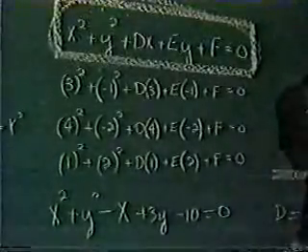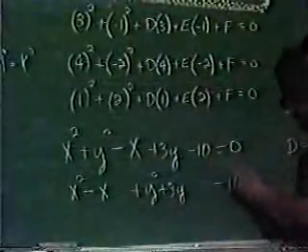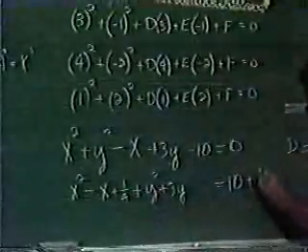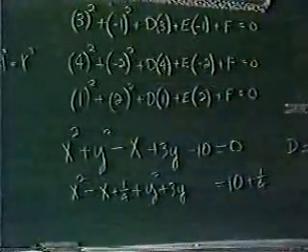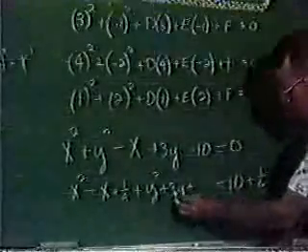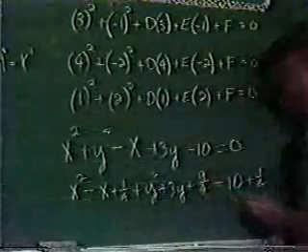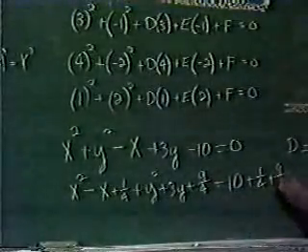Just complete the square. So this would be x squared minus x, leave a space, plus y squared plus 3y, leave a space, equals 10, moving this across to the other side. Now, dividing this by 2, we get 1/2. Squared, that's 1/4, and we have to add that 1/4 to both sides. Dividing this by 2, we get 3/2. Squared is 9/4. And adding that to both sides, we get 9/4.